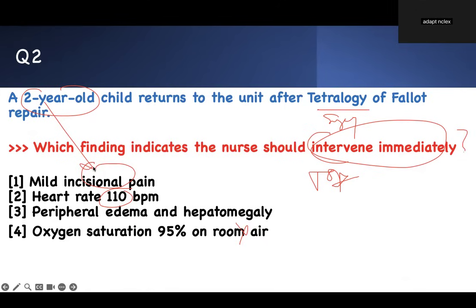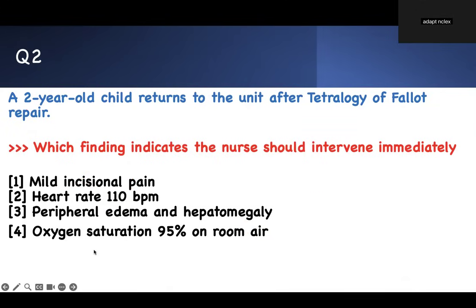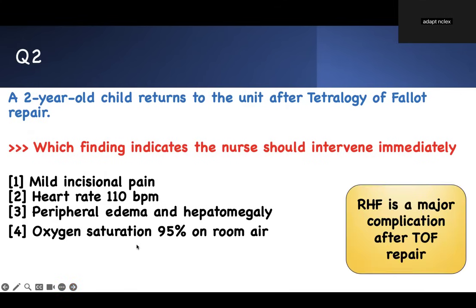Then why is number 3 the right answer? Think about it carefully. When they had surgery, peripheral edema, and hepatomegaly, you expect the heart to what? Start working, right? If the heart is not working, what is going to happen? Blood flow is going to decrease.